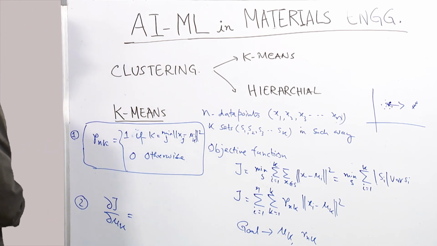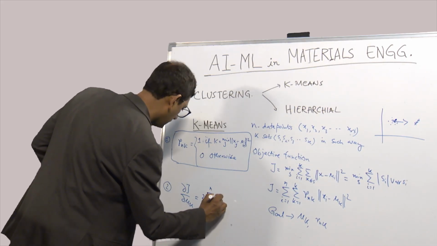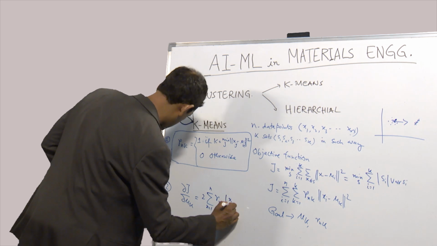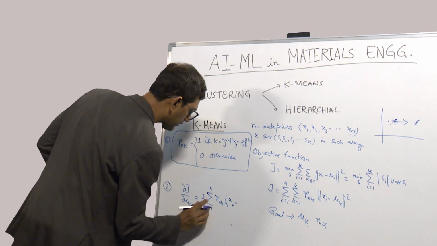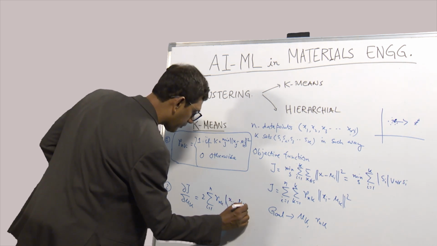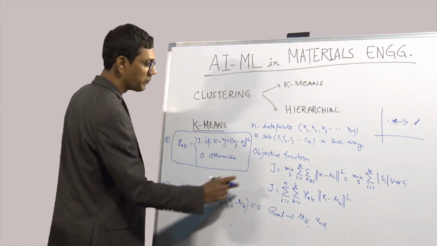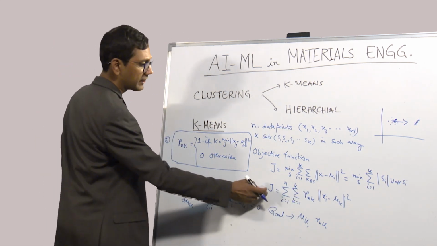Obviously, 2 will come out, 2 is not a variable, and then the sum over n equal to 1 to n of Rn k times x n minus mu k will be equal to 0, because we want to minimize J. Obviously, these two values will be selected in such a way that the objective function J will be minimized.